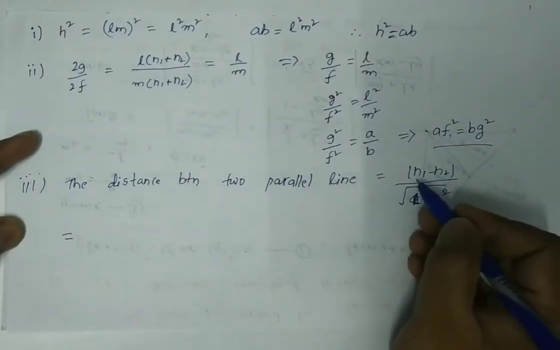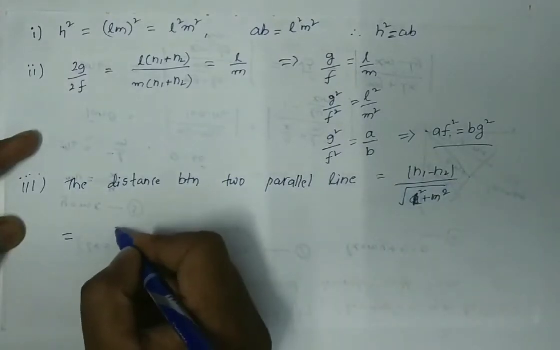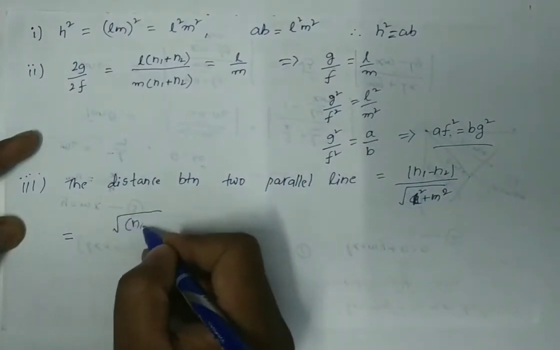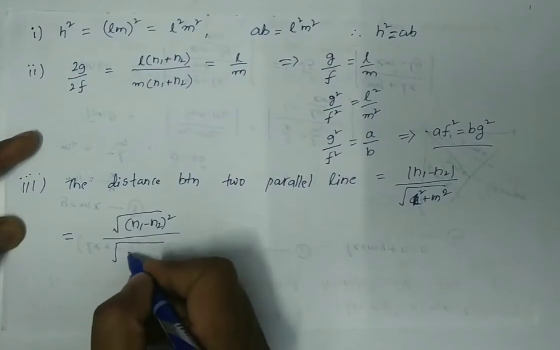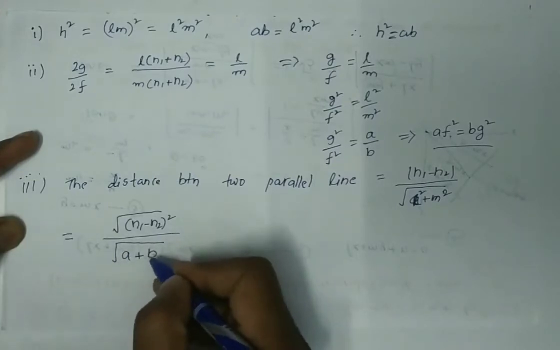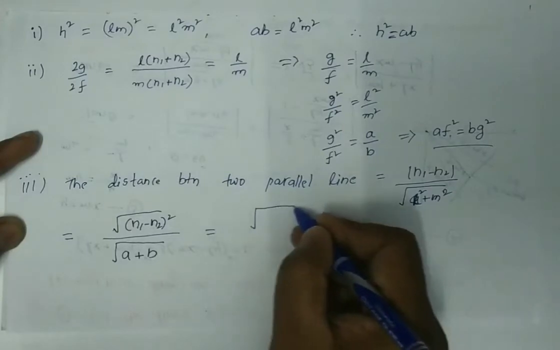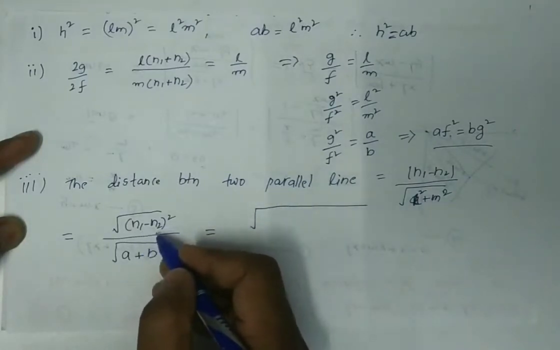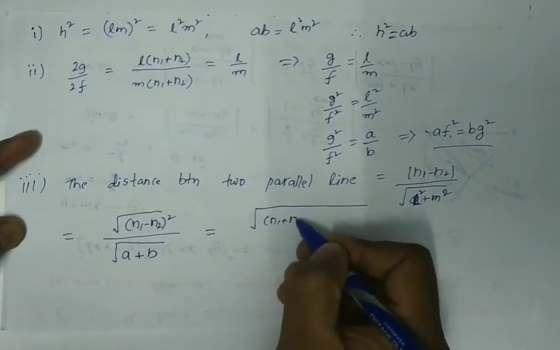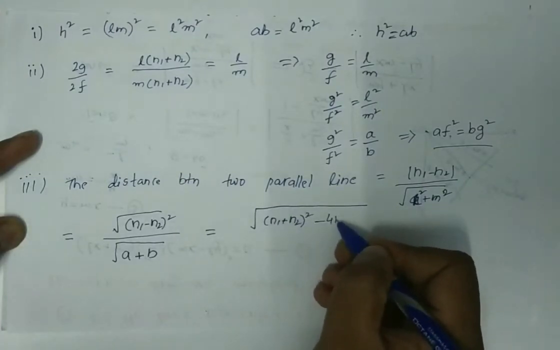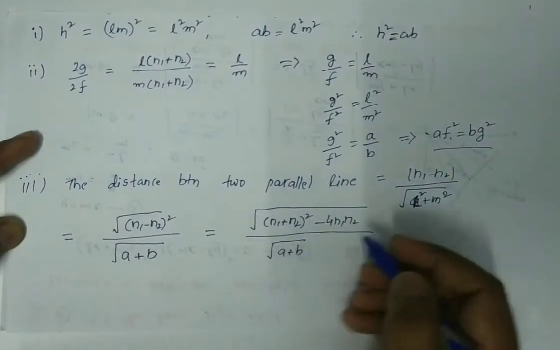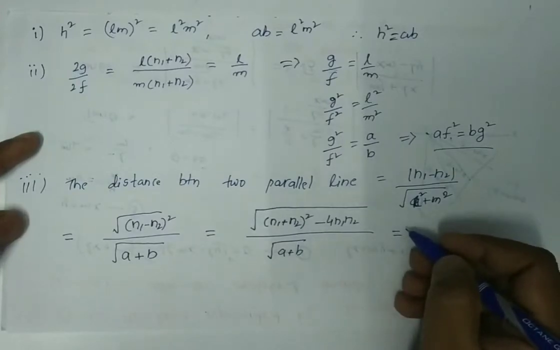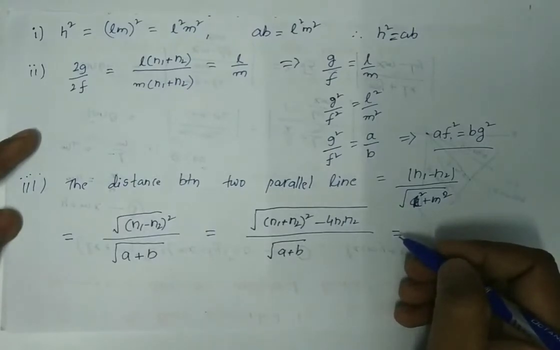So now which is equal to, modulus of n1 minus n2 can be written as under root of n1 minus n2 whole square, divided by under root of L square, which is A, plus m square, which is B. So now n1 minus n2 whole square can be written as n1 plus n2 whole square minus 4 n1 n2, divided by under root of A plus B. Now n1 plus n2 is nothing but 2g by L, because 2g is equal to L n1 plus L n2.